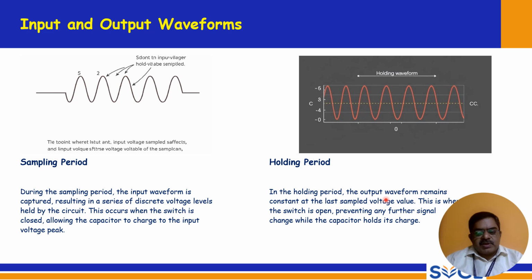In the holding period, the output waveform remains constant at the last sampled voltage value. This is when the switch is open, preventing any further signal change while the capacitor holds the charge. So that is the holding waveform, and this is the sampled waveform.